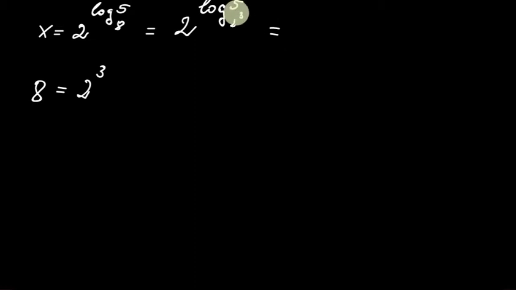Now we are moving this 3 using our properties once again, and we get 2 to the power of 1/3 times log base 2 of 5.